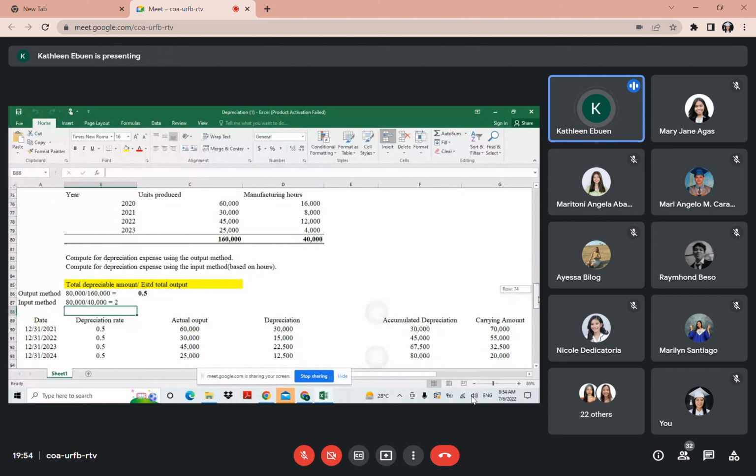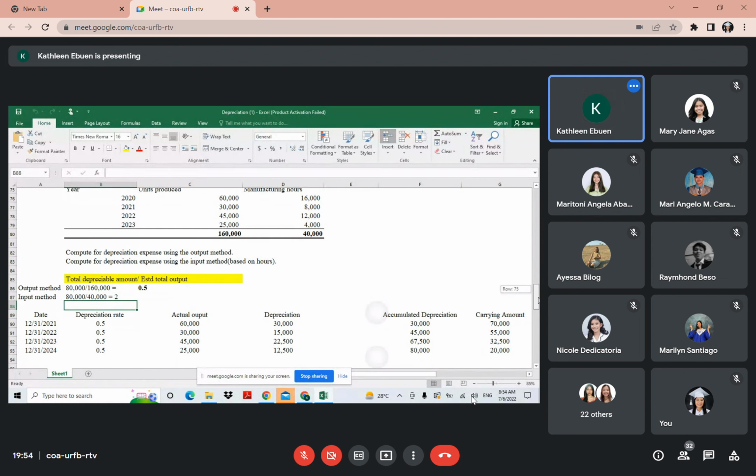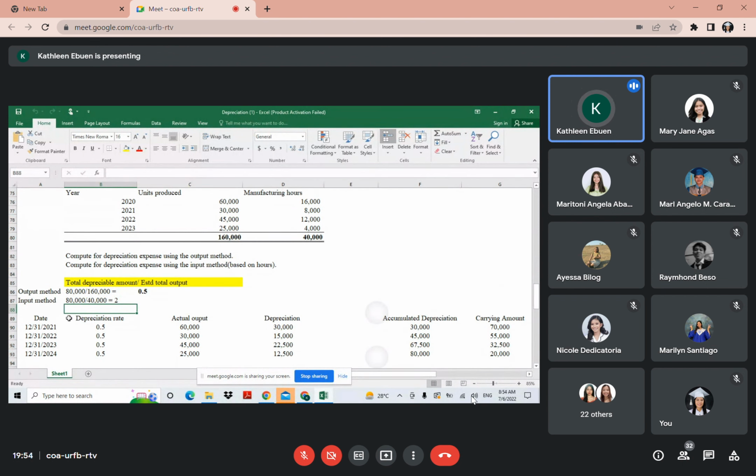Okay, so using the output method, no? So sa December 31, 2021, so ang depreciation rate natin is 0.5. We will multiply na dun sa actual unit produced, 60,000. Okay, and then ang depreciation natin is 30,000 for the first year. Accumulated depreciation, of course, 30,000.